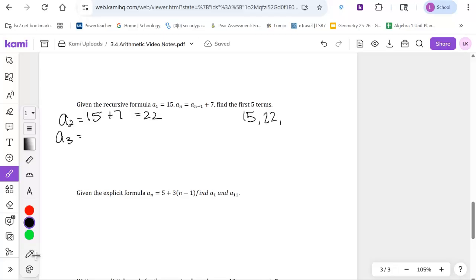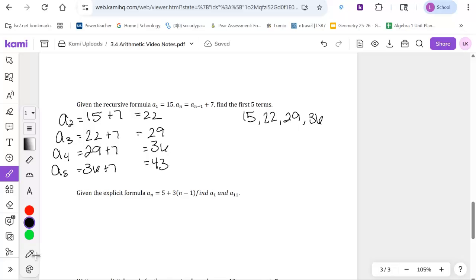For the third term, 22 plus 7, which is 29. For the fourth term, 29 plus 7, which gives me 36. And then 36 plus 7, which gives me 43. Those would be the first 5 terms.